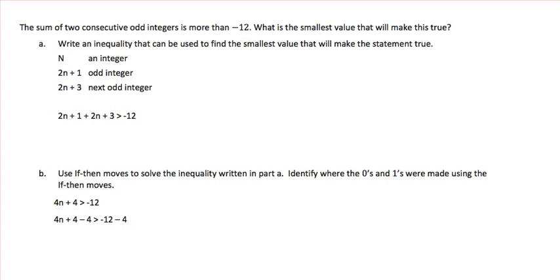In other words, if a is greater than b, then a minus 4 is also greater than b minus 4. And that will give us 4n plus 0 is greater than negative 16.